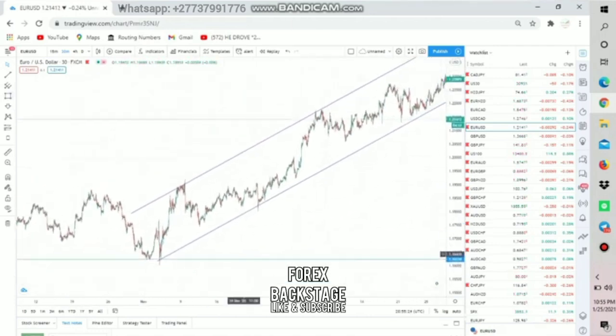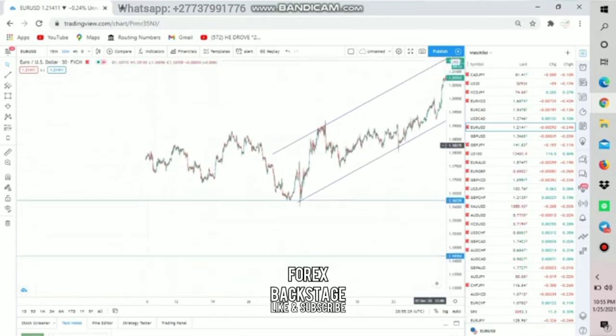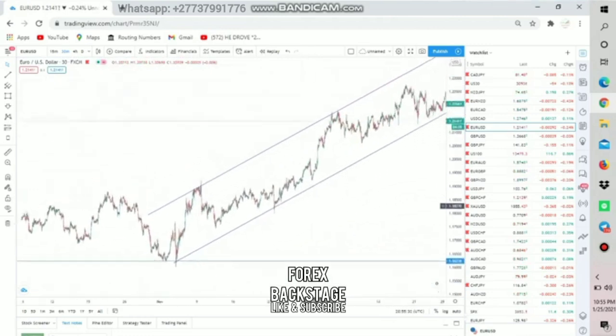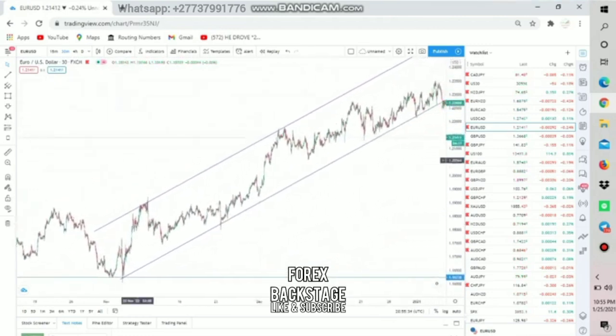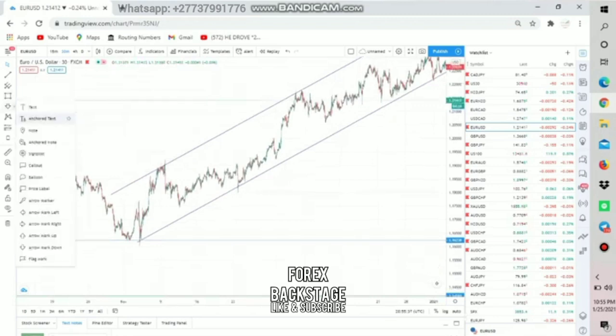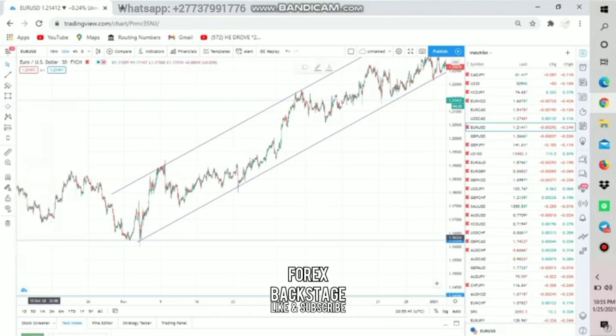As I've drawn this support, you understand, it was a resistance, then got broken, and now is a support. I would have bought here. You know why? Because the trend is upwards and the market is at an area of interest.